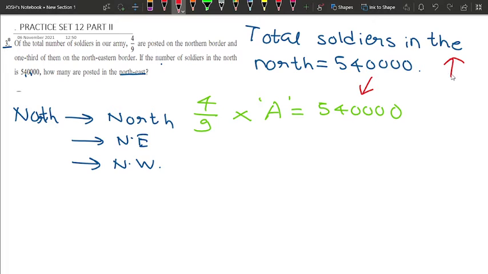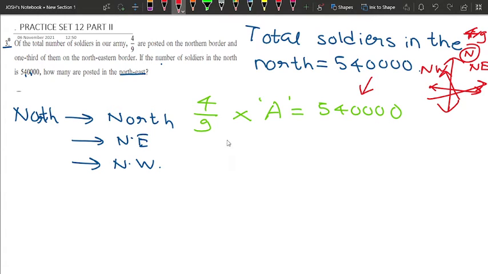See, let us get the directions as well. Here we have northeast, here we have north, and here we have northwest. So 4 by 9 are placed on the northern border. Right?